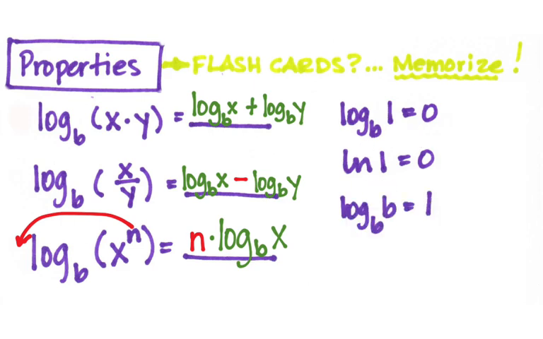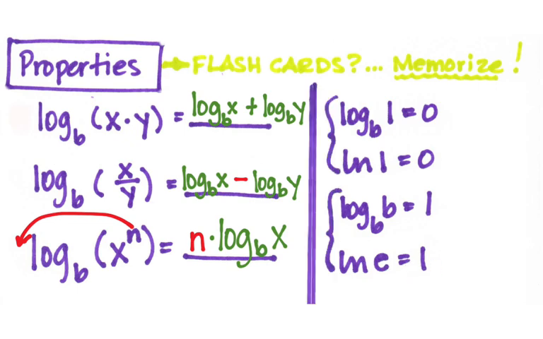We have one other property, and that is when the base and the value are the same, then it equals 1, because b to the first power equals b. And we could do the same thing here. ln of e equals 1, because this just means log base e of e equals 1. So those are two, it really is only two more properties that we're putting with there.